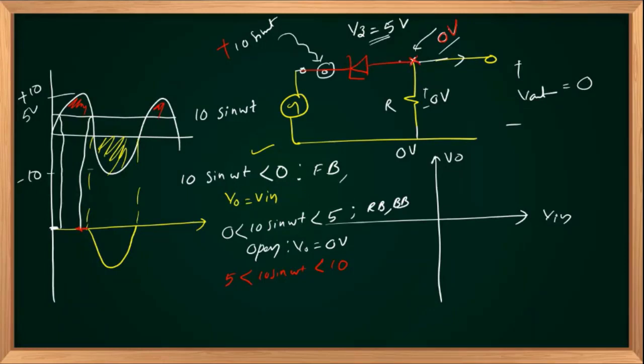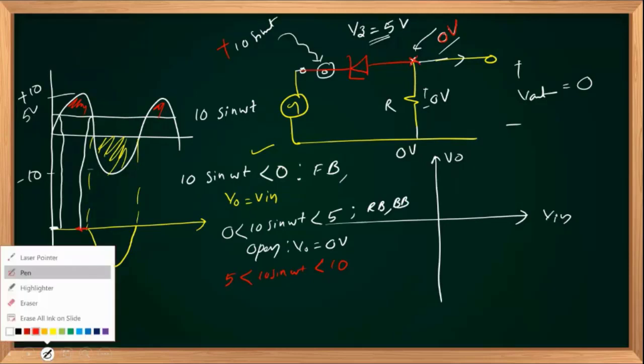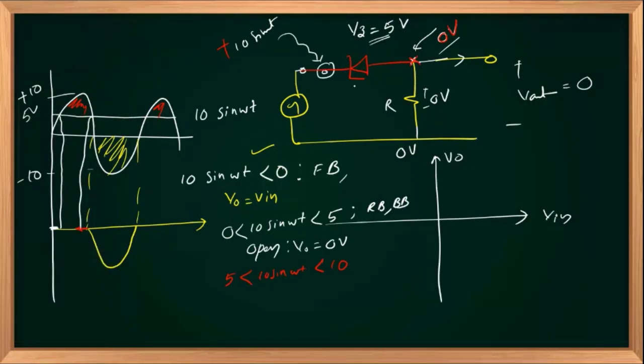You can replace your diode with VZ value, with the cathode positive, anode negative, and the value will be 5 volts. So it acts as an ideal voltage source.